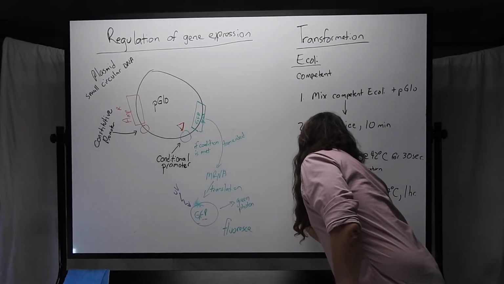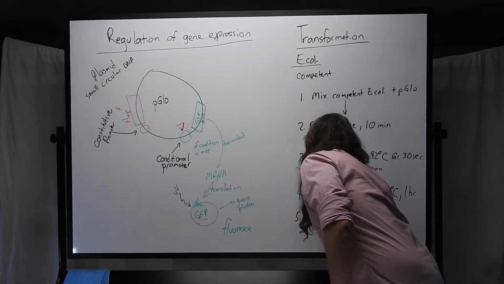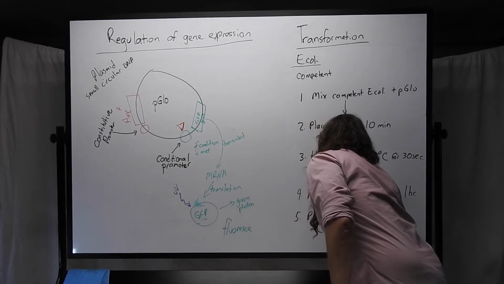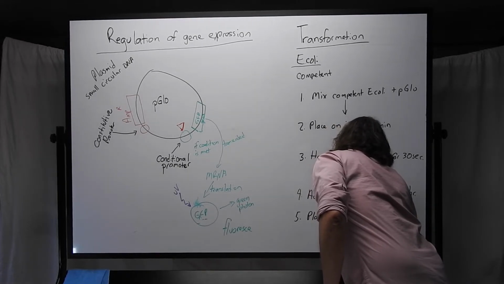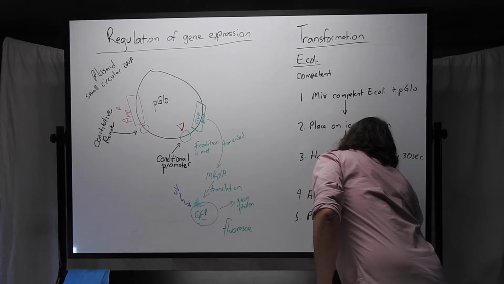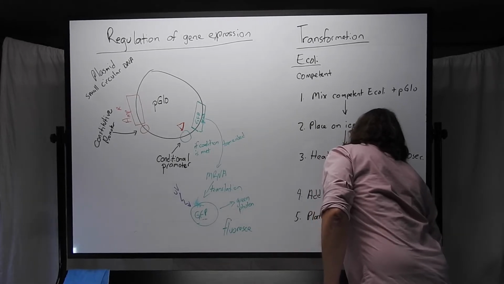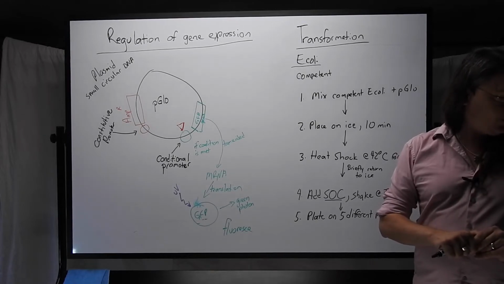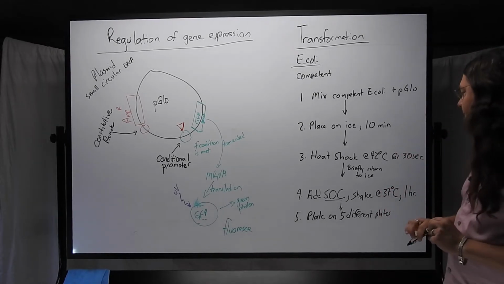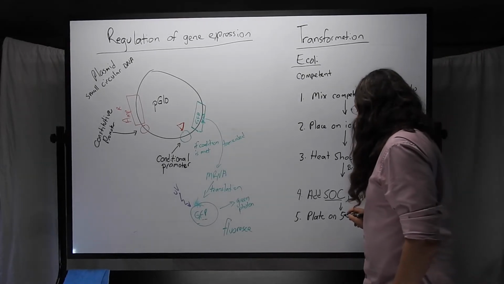The next step is to plate the bacteria. Okay, and there are 5 different plates. And the video will go through those different plates, and we will discuss it in class as well. So the 5 different plates.